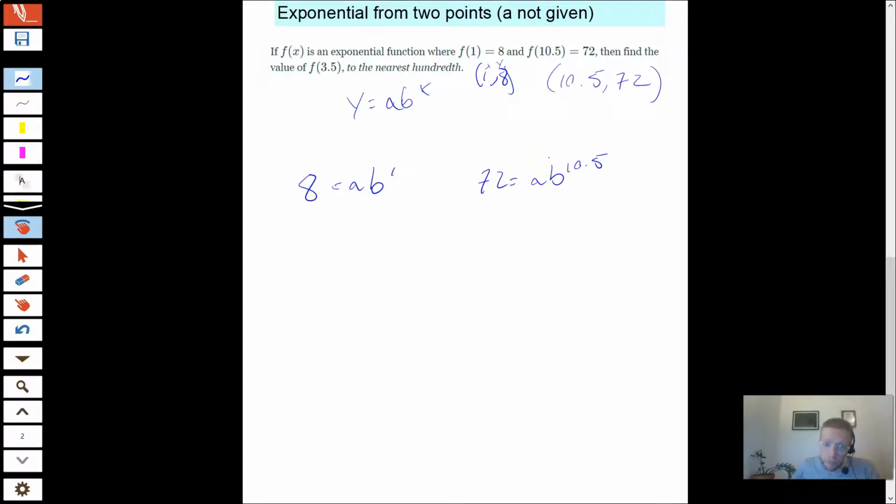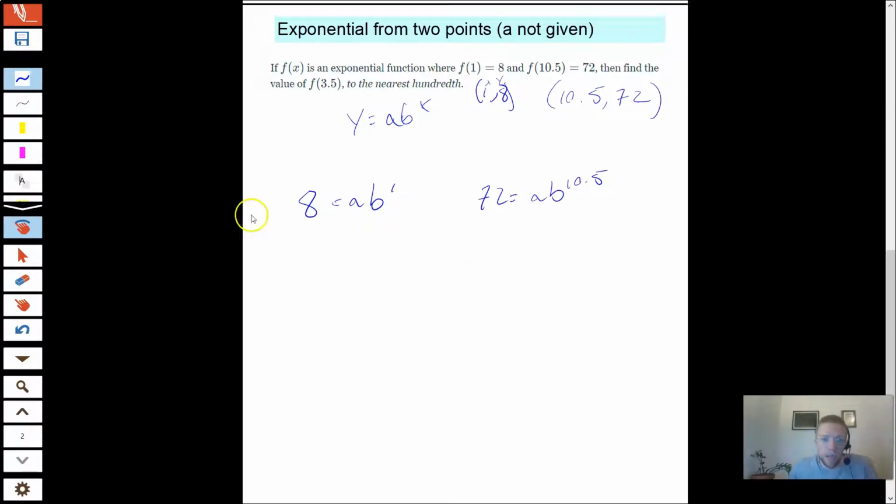Now, the move is we're going to treat this kind of like a system of equations. And what we can do is we can actually divide the 2 equations. So I would say 72 and then ab to the 10.5 and then 8 and ab to the first.